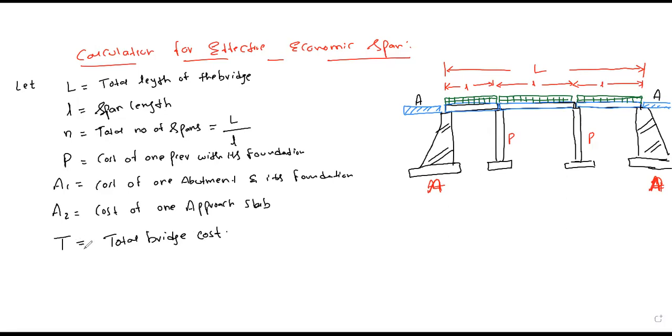So finally, for this total bridge cost we have to satisfy cost of superstructure equal to cost of substructure. Then only your span is going to become an economical span for the bridge. Clear? Right. So now let's start the derivation.